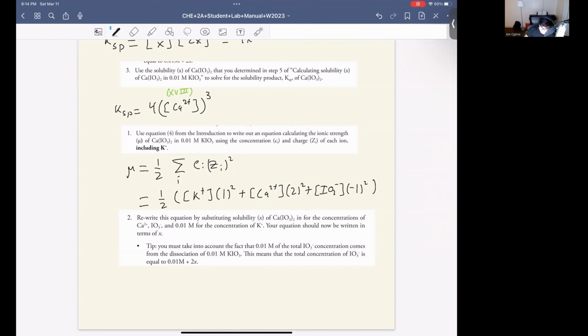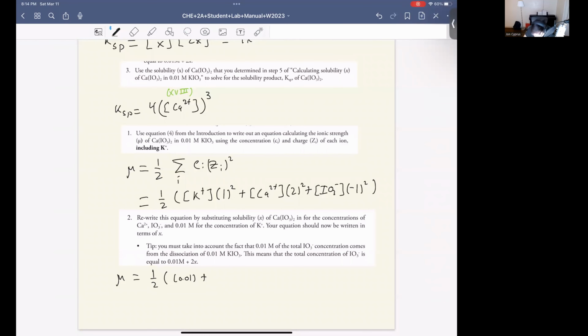So we'll do it. You could just use the calcium. I think it's just going to simplify easier if we use the previous number that we had. So the concentration of potassium is 0.01. The 1 squared simplifies to 1. I'm not going to write it in.